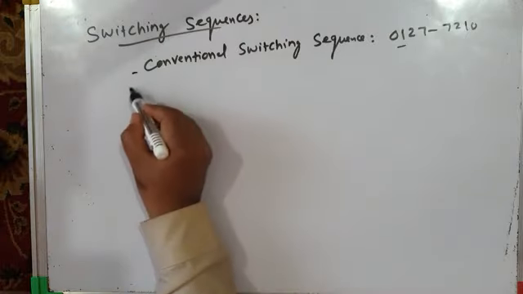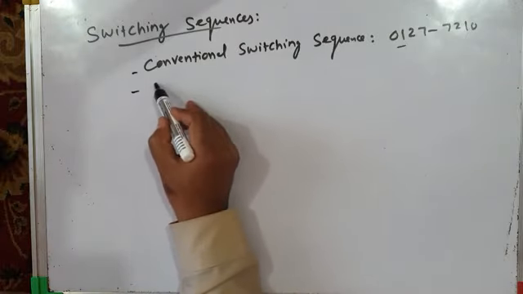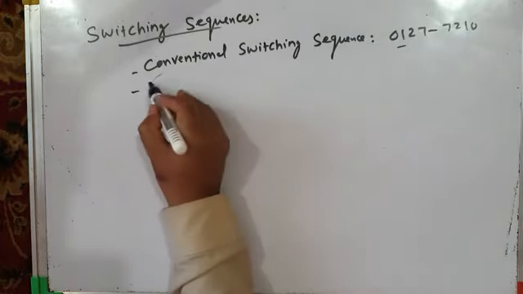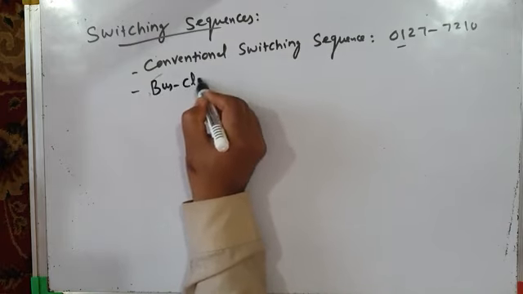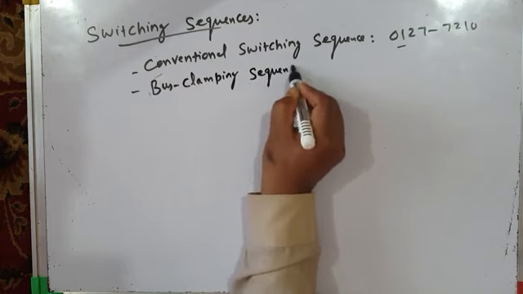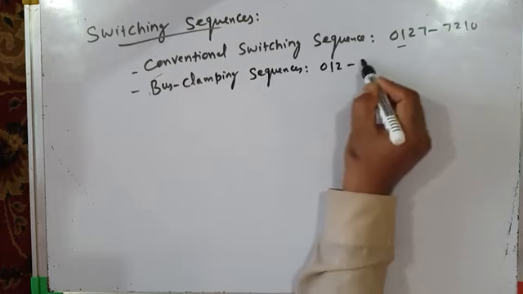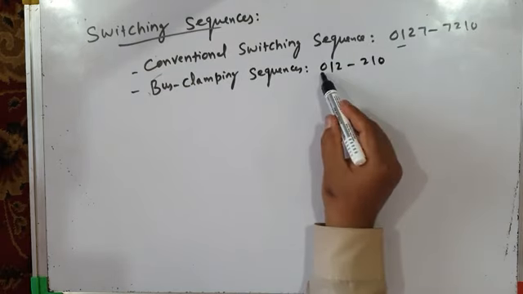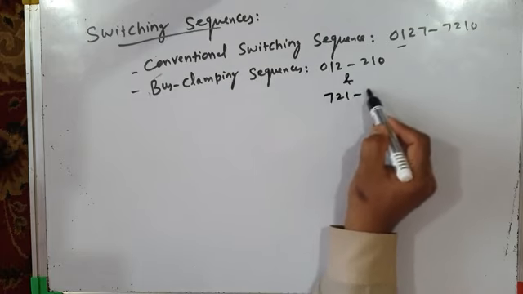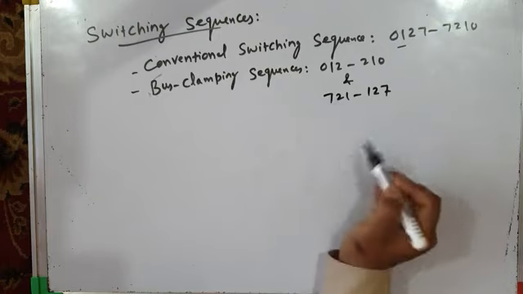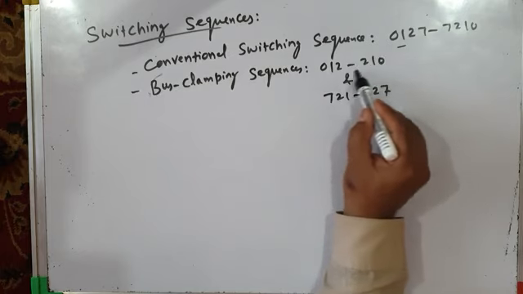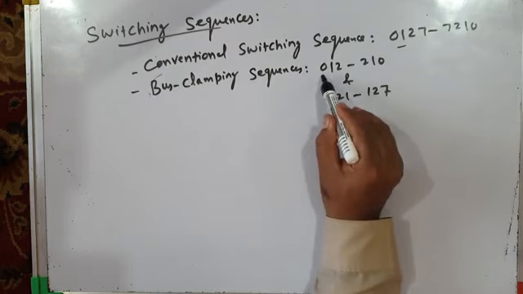And then we have bus clamping sequences, switching sequences like 012, 210. Here only null vector 0 is used for time tz, null vector 7 is not used, and 721, 127. Here only null vector 7 is used in both the subcycles. So these are bus clamping sequences. This bus clamping sequence will result in clamping of each phase leg to negative DC bus.